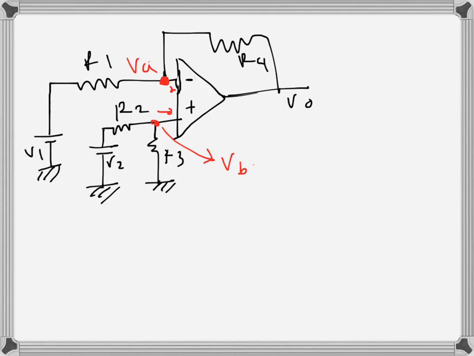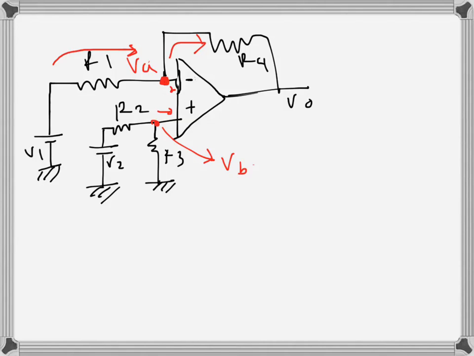If we apply KCL at point A, the current that is coming here, there is no current into the terminal, so the same current will go this way.